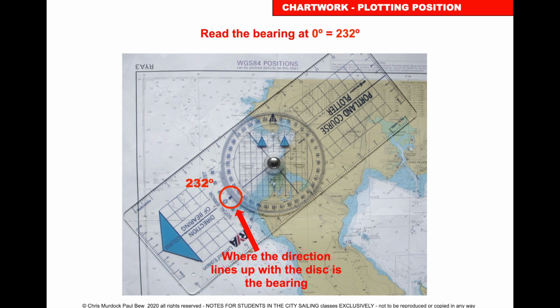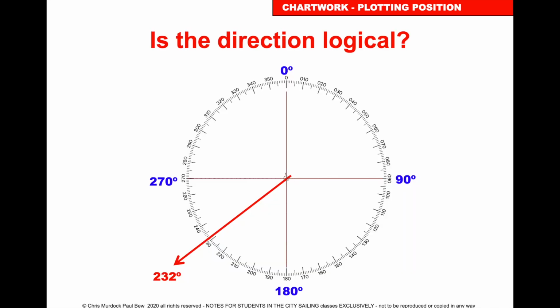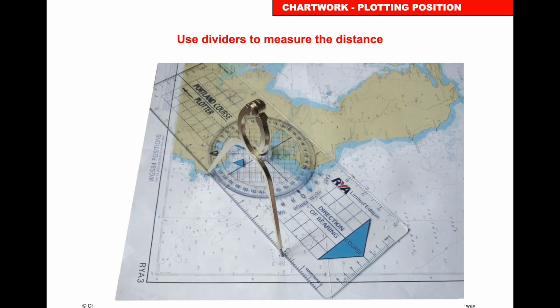Yes, it does. We do this to make sure that we haven't put the little arrows at the bottom or the big arrow in the wrong direction, and we're not scooting off 180 degrees in the wrong direction. So as I said before, look at the big picture, then look at the details.